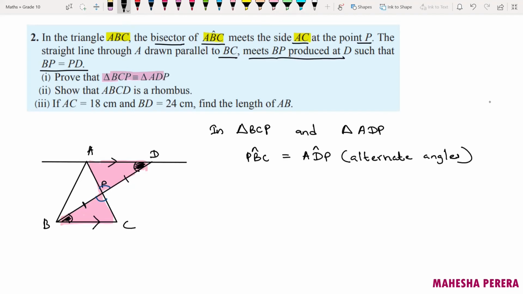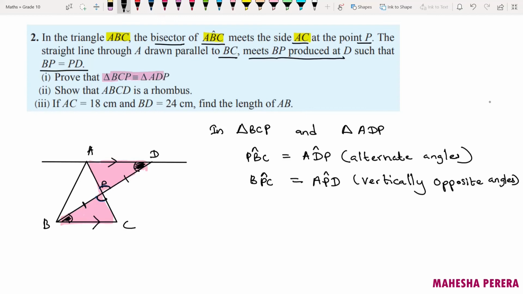And then next pair of angles, angle BPC, this angle, BPC equals angle APD, angle over here, right? This is because vertically opposite angles.